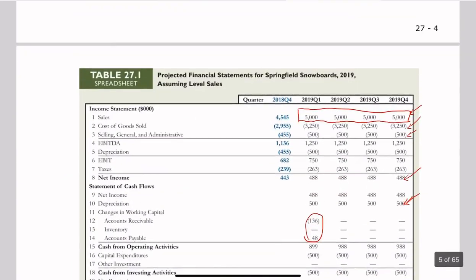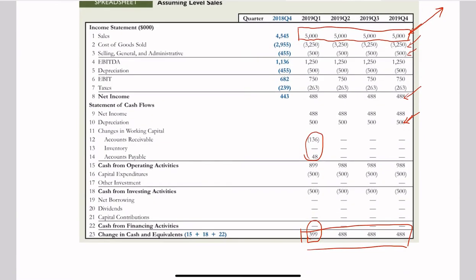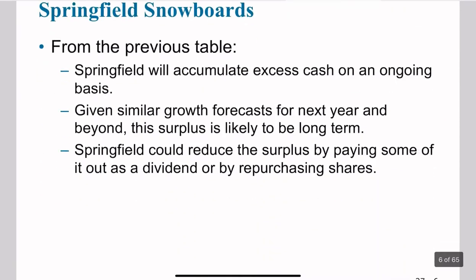So basically you can see that if in the future the firm will have similar sales, similar working capital, similar capex, then the firm will have similar cash flows in the future. So the positive cash flows will be permanent. Then in this case, these excess cash flows could be paid out by the firm.